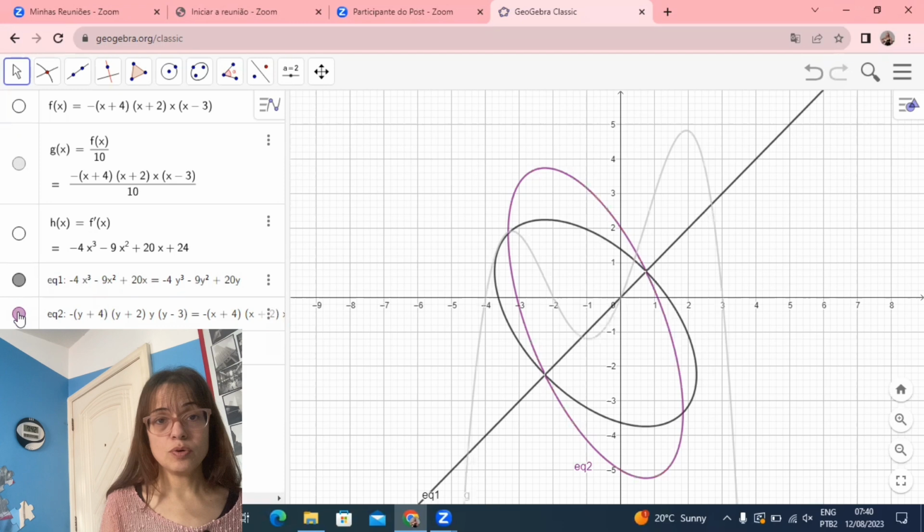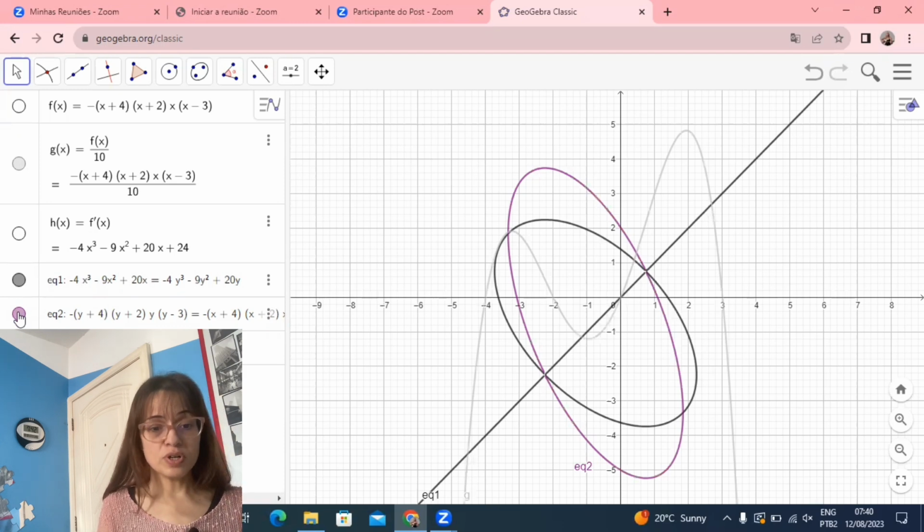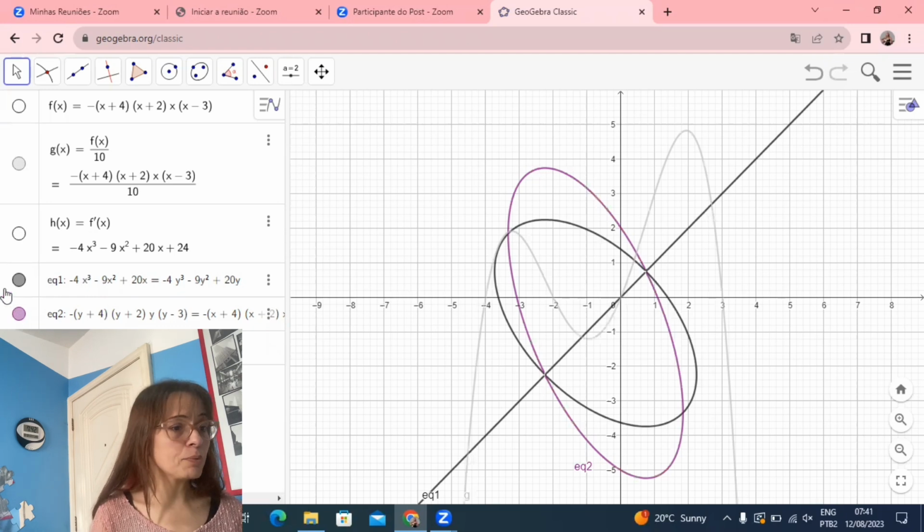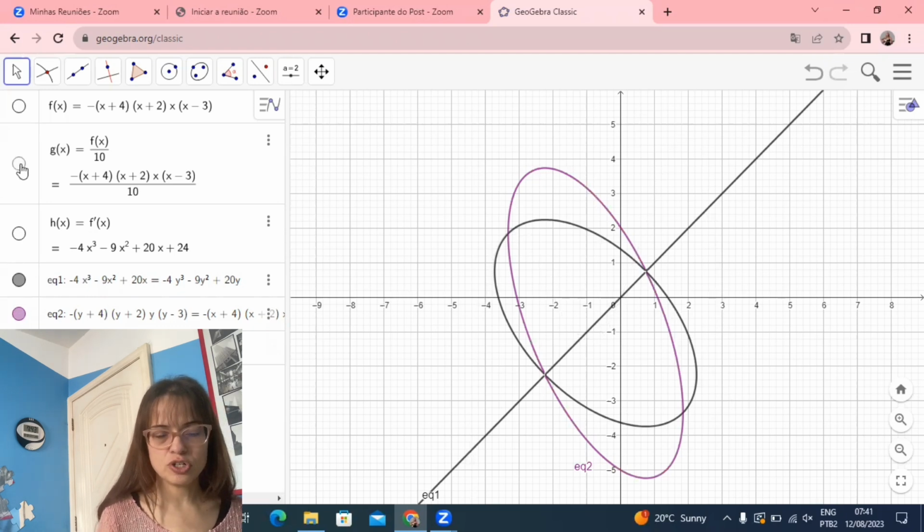And the second equation that we had, which was the more complicated one, was this purple picture here. This is the one that says that the tangent line at one of the points actually also passes through the other point, okay? And I'm going to hide the function here because there's too much on the screen.